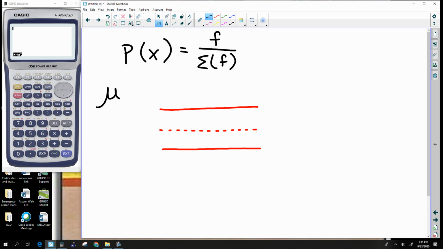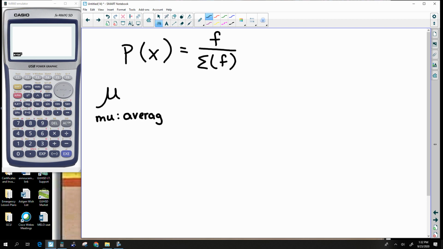How to write a Greek letter mu? It's like a lowercase u with a long front tab to it. So if you can write in cursive, it's like writing a cursive u, just with a longer front letter. All right, and this is Greek letter mu. What mu represents is the average, the mean.